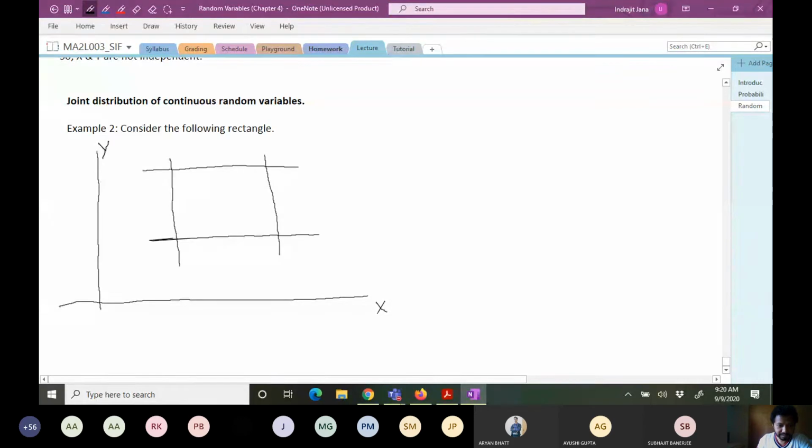Okay, so this is the line x is equal to a. The left hand side is x is equal to a. The right vertical line is x is equal to b. And this first horizontal line is, let's say, y is equal to c. And the last one, let's say y is equal to d. Okay. Now what do we do?